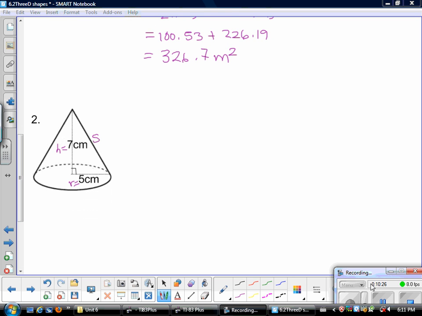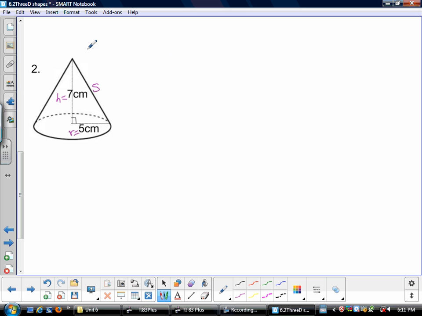And I'm just kind of watching the time here. All right, so volume, again, other than writing down the formula, so volume equals 1/3 pi r squared h, which is 1/3. I'm using this formula, it doesn't matter, you can use the other one.